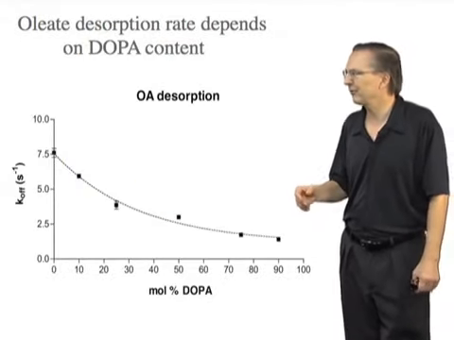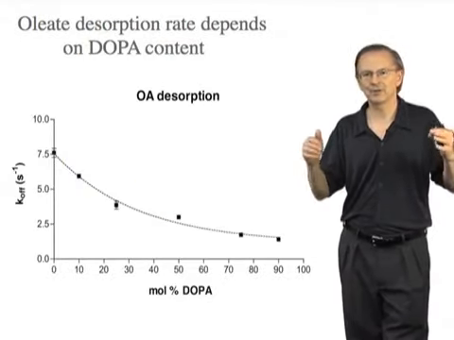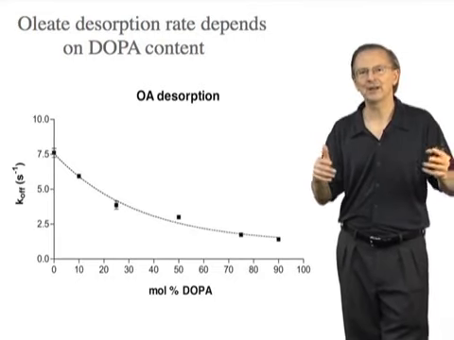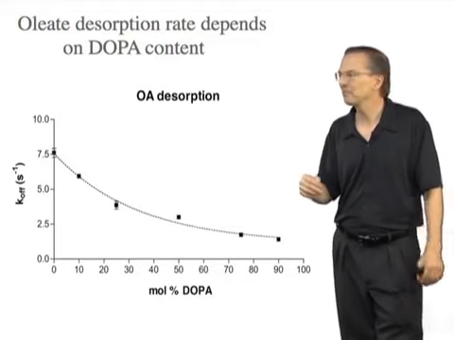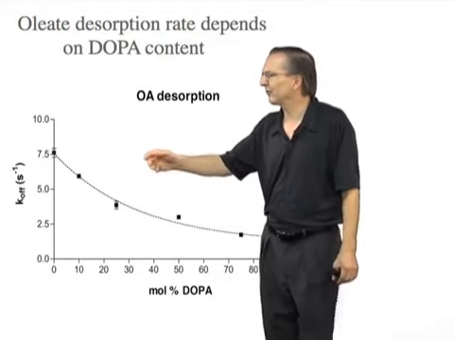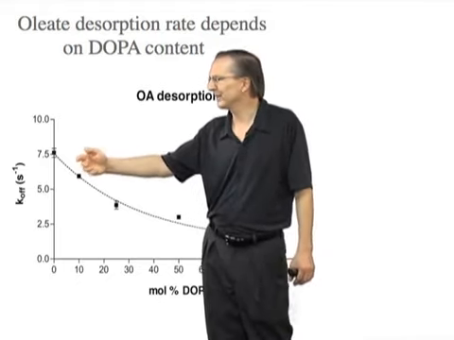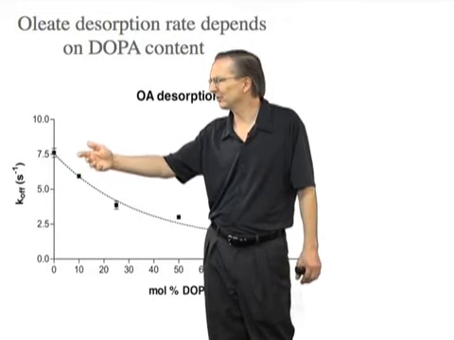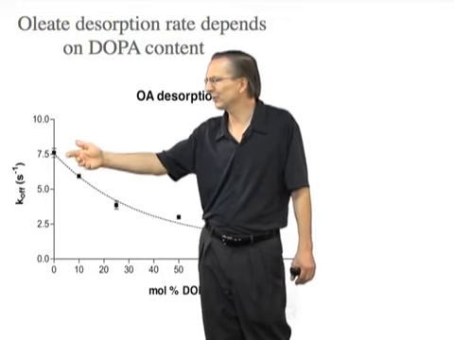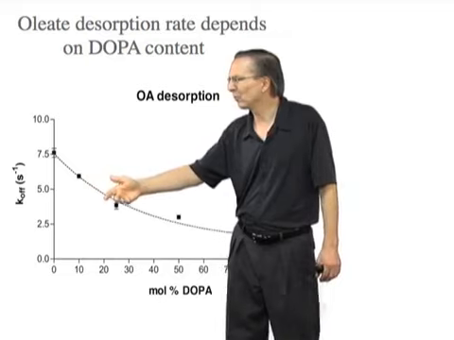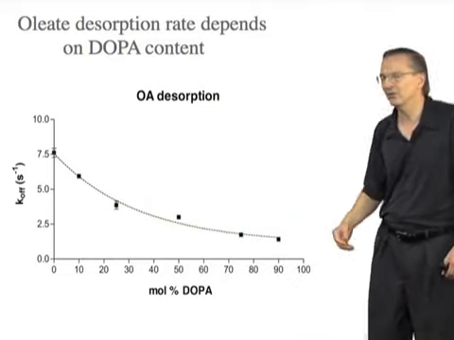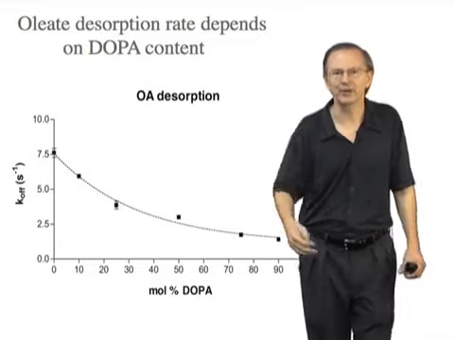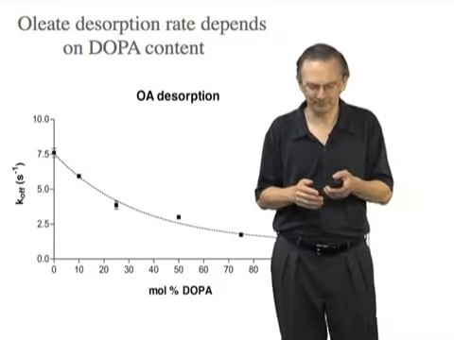And that allows you to monitor the rate of dissociation as a function of the phospholipid content of the membrane. And so if you start off with a pure fatty acid membrane, so a pure oleic acid membrane, dissociation is quite rapid. But the more phospholipid that there is in the membrane, the slower the off rate of the fatty acid is.